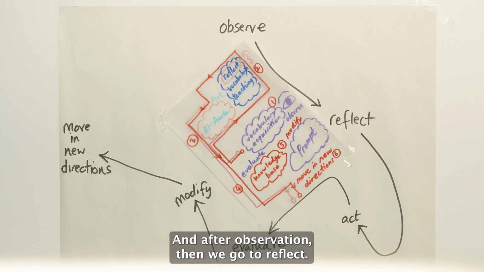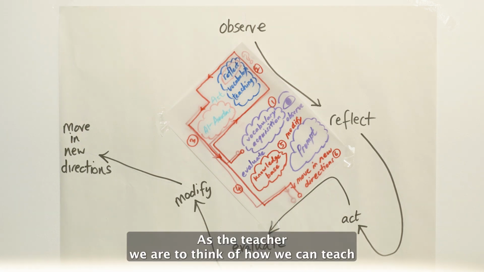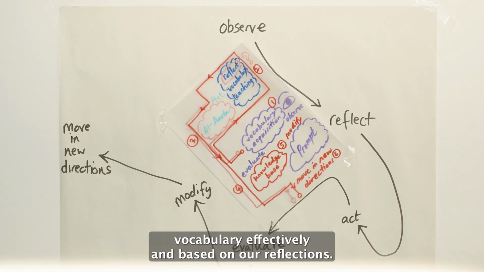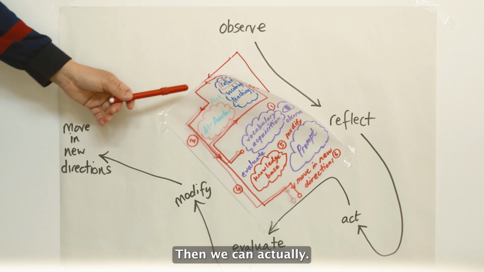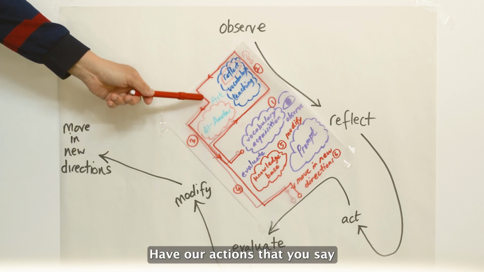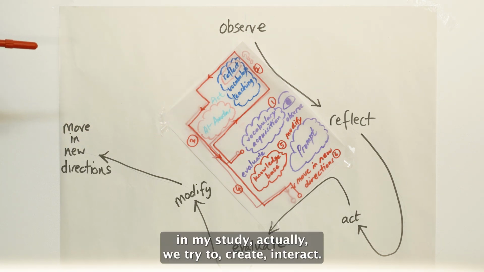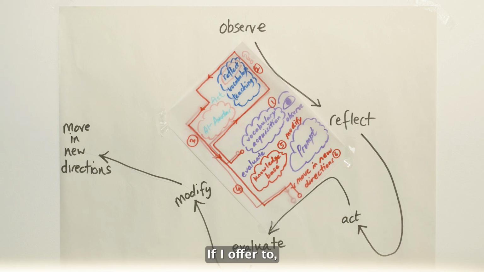After observation, we reflect. As a teacher, we have to think of how we can teach vocabulary effectively. Based on our reflections, we then have our actions. In my study, we try to create an interactive AI avatar.